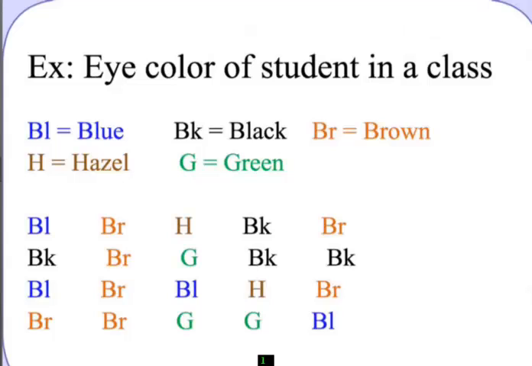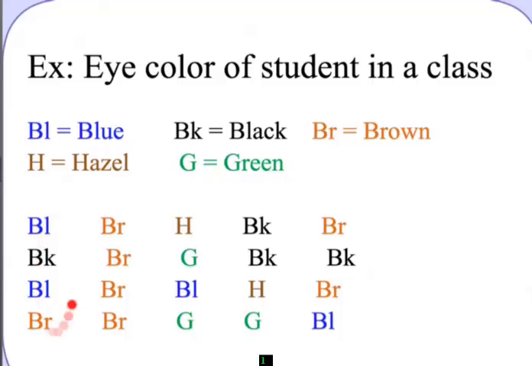So let's look at this example where we're looking at the eye color of students in a class. Students have told me that they feel their eye color falls into the category of being blue, hazel, black, green, or brown. I've asked 20 of my students, and down here are the results.